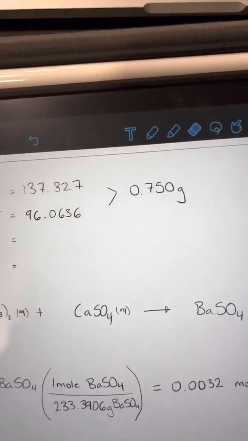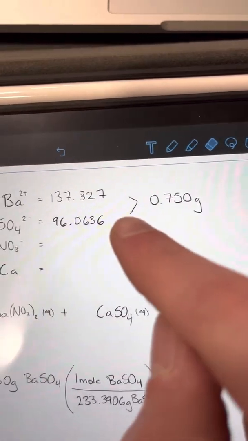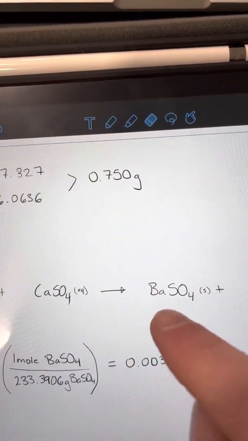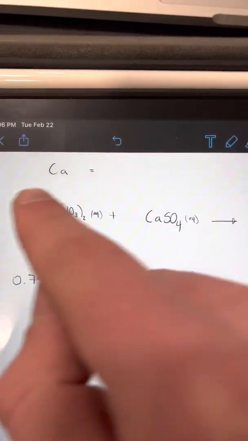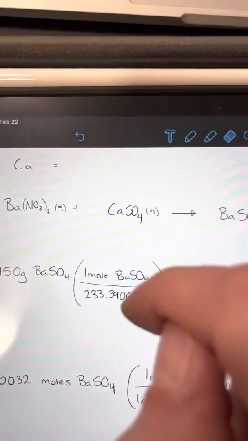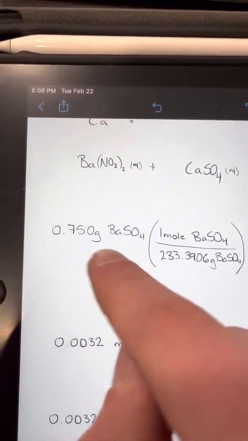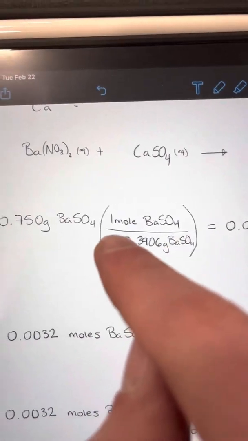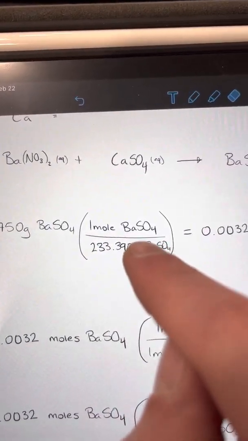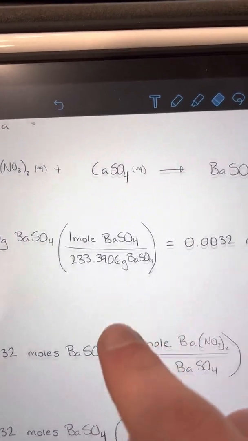Now we're given 0.750 grams of barium sulfate, and we need to find the concentrations and volumes of these two reactants. So how we do it is we take 0.750 grams of barium sulfate. We know that for every 1 mole of barium sulfate, there's 233.3906 grams of barium sulfate.